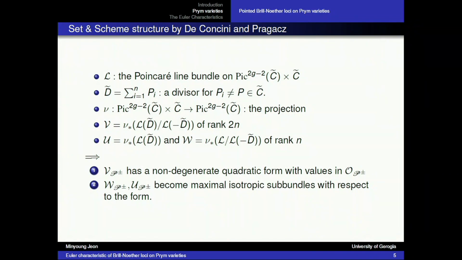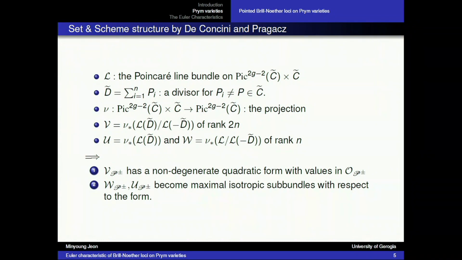Moreover, if we set the vector bundles U and W given by the pushforward of the first projection of the line bundle associated to the divisor, then these two vector bundles have rank n, and it turns out that they become maximal isotropic subbundles with respect to this quadratic form.